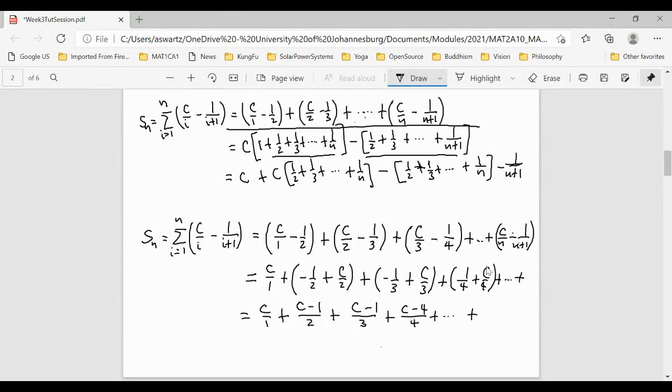Now what will the last one be? The last one will be c minus 1 divided by n. And then there'll be this term remaining. Sorry, that should be a 1.